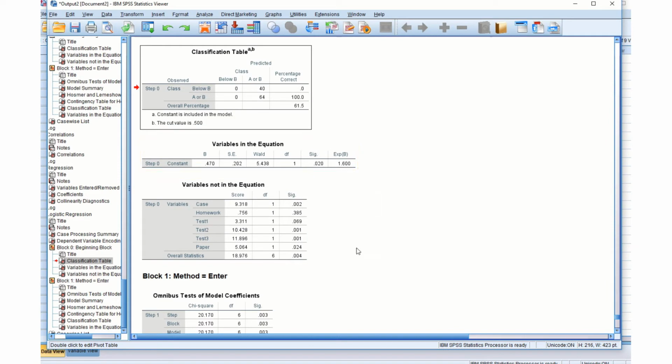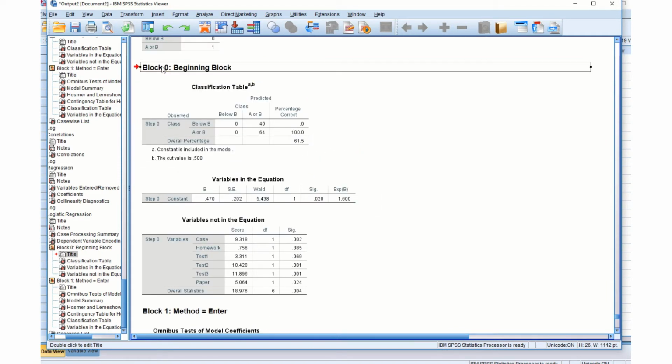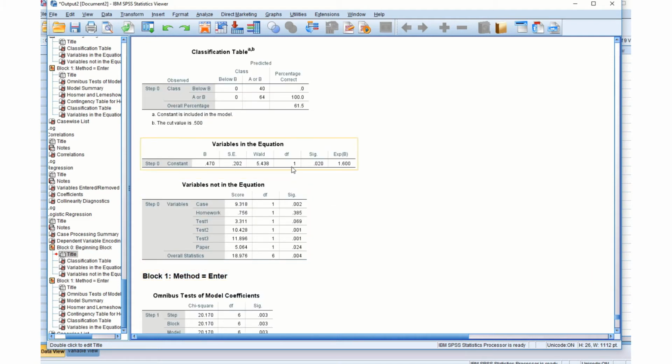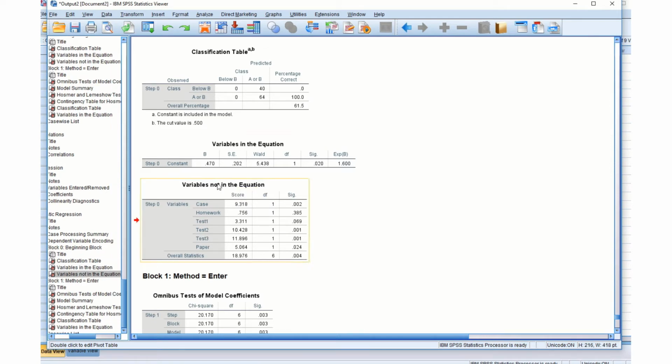Okay, this first entry, it's block 0. So this is before a regression is run or before things are technically estimated. Basically, initially what the data will be run, and what this will say is if I didn't have any independent variables, I would have a constant and I would have everything excluded.